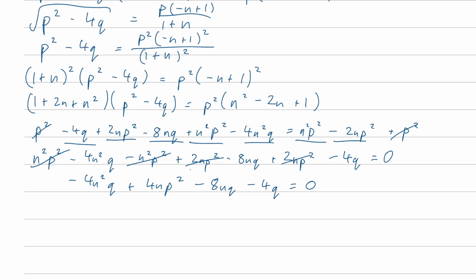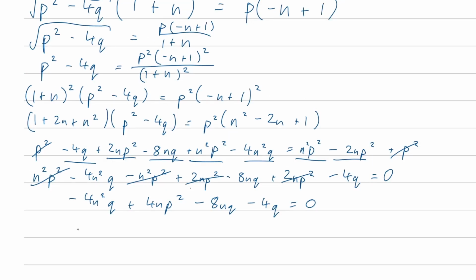Actually, looking at the problem, the q n squared is a positive, so I'm going to divide by negative 4 to give us n squared q minus np squared plus 2nq plus q. It's looking good now.